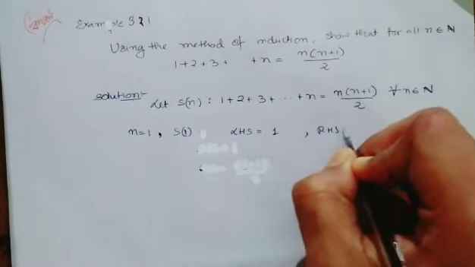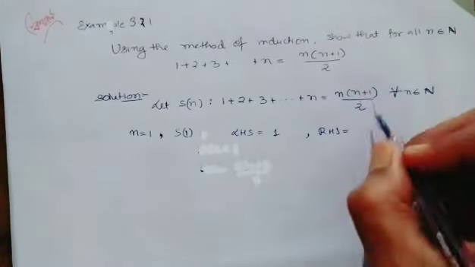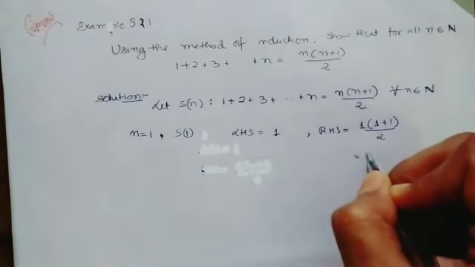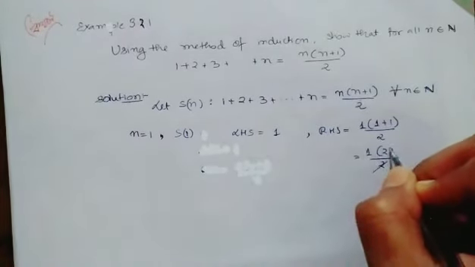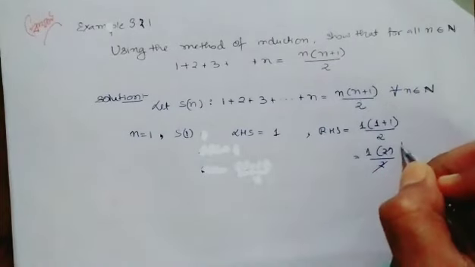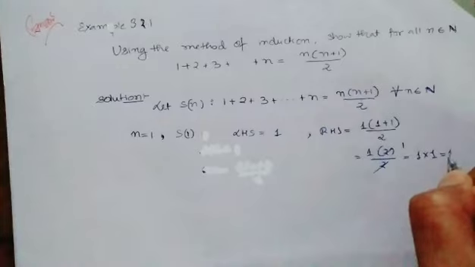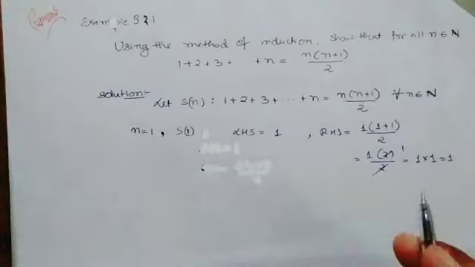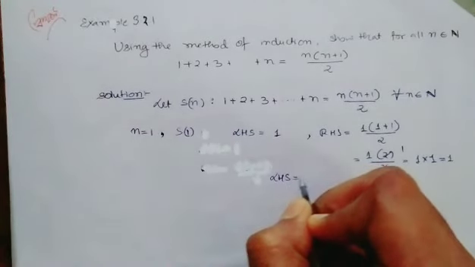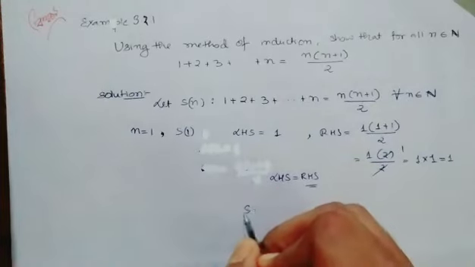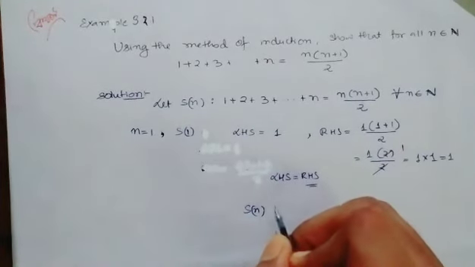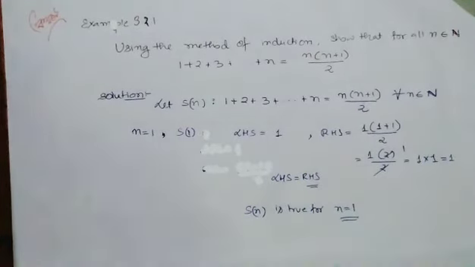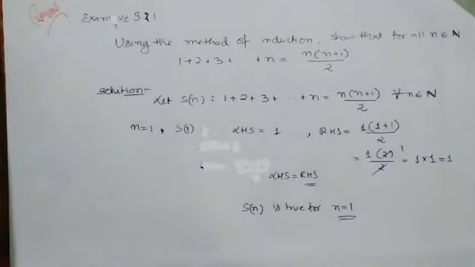For the RHS, we put the value of 1 in this formula: 1 into 1 plus 1 divided by 2. So 1 into 2 divided by 2, the 2 cancels out, and we get 1. So we notice that LHS is 1, and the RHS value is also 1. So we can say that LHS is equal to RHS. Thus the statement Sn is true for n is equal to 1, which is the least natural number.